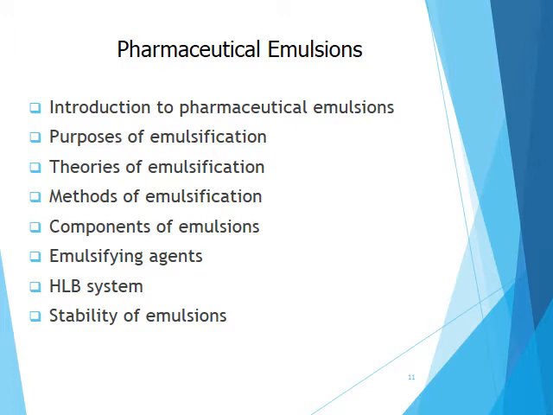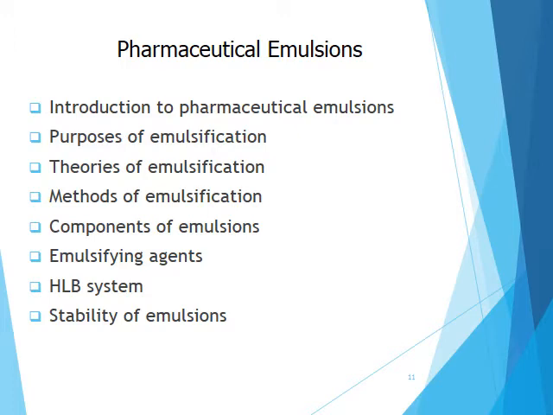So we know that there is an emulsification process, but we need to know some background or understanding of the science behind the emulsification process, how we get the emulsion, and then the methods of emulsification, followed by the components of emulsions.